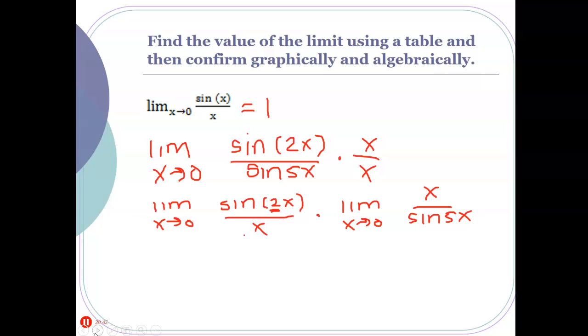We'll write it inside just not to confuse you. And over here, this has a 5 inside, so we're going to multiply this one by 5 over 5. Because the rule is sine x over x equals 1. So if the inside number is something other than 1, then my x value outside also has to include that same number.